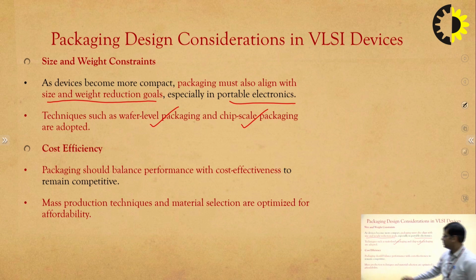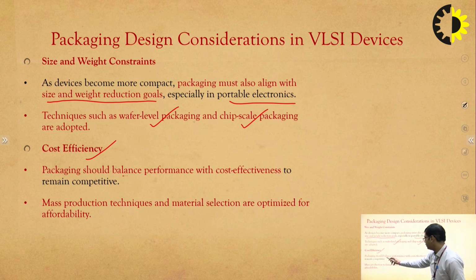Next is cost efficiency. Cost is very important. We always strive for low cost devices, because the reach of low cost devices is to maximum population. So, the cost must be minimum. So, the package that we are using should be cost efficient.